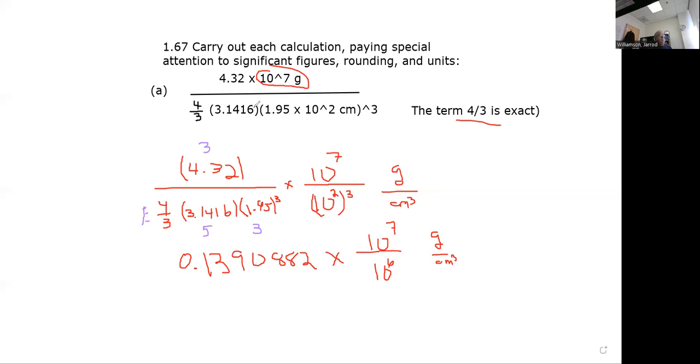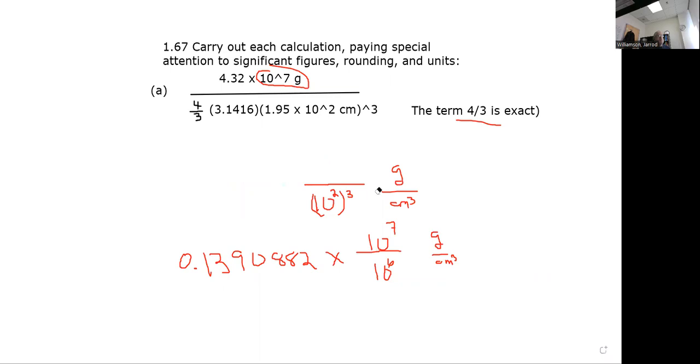All right, now this is 3 sig figs, 3 sig figs, 5 exact. So this number must be rounded to 3 sig figs. Let me make some space here for the rest of the problem, because I only got so much whiteboard left.